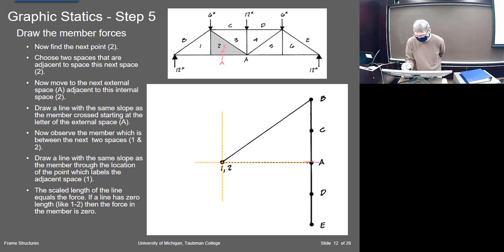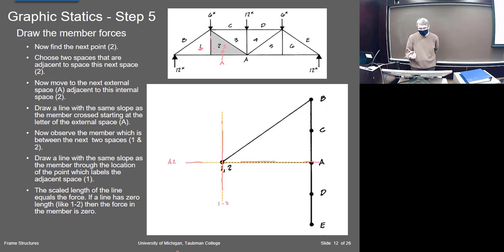A2 would be this horizontal line, right? This will be A2, this line. And then I can go from 1 to 2, since I do have point 1 now, so I know where to start it. It's a vertical, so it's going to go like this. This will be 1, 2.